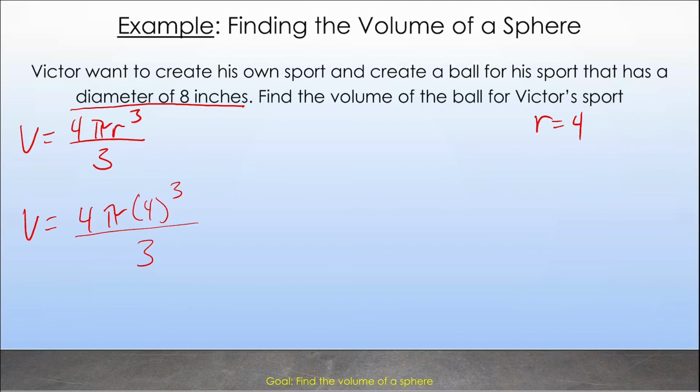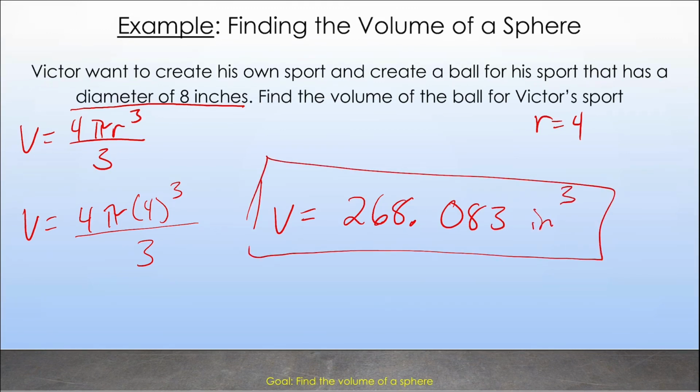Okay, I'm going to plug that in the calculator right now. 4 times pi times my radius, which is 4 cubed, all divided by 3. It's going to give me a volume of 268.083 inches cubed. Okay?